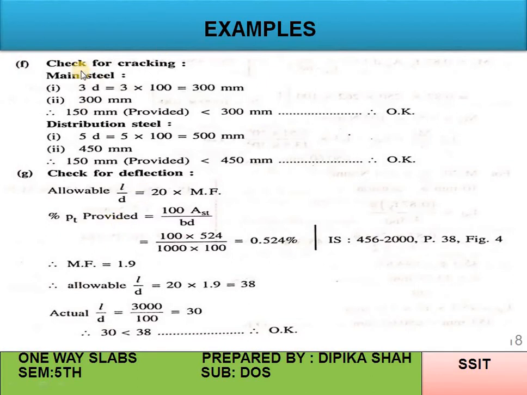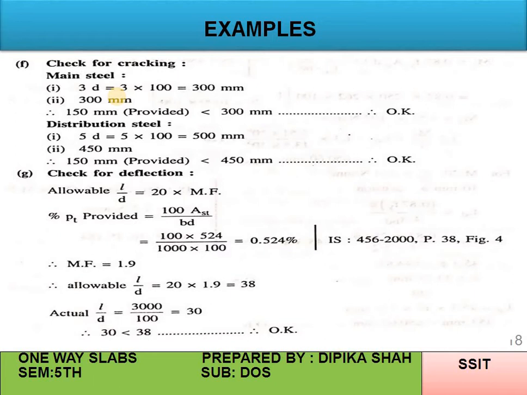So our main steel spacing, we have provided 150 mm center to center distance, and our 3D, D is 100 mm, so that is 300 mm and 300 mm. इन दोनों में से जो लेस वैल्यू है उससे लेस देन हमारा प्रोवाइडेड स्पेसिंग होना चाहिए, right? So here we have provided 150 mm, that is less than 300 mm. So that's why this is okay.